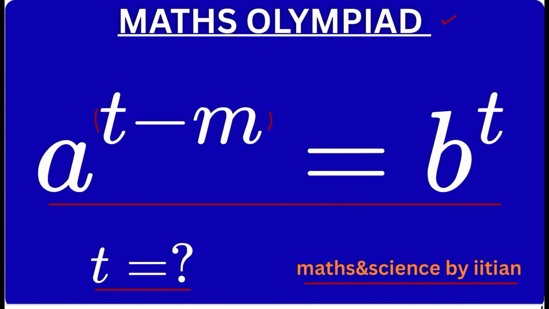A and B are arbitrary. I am not taking any value for A and B, but thinking that they are positive real values, or we can even say positive integers if you want to be more specific. Then I want to find t. Let us go into the problem.